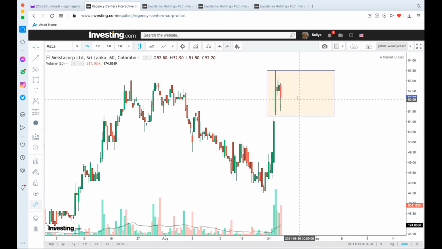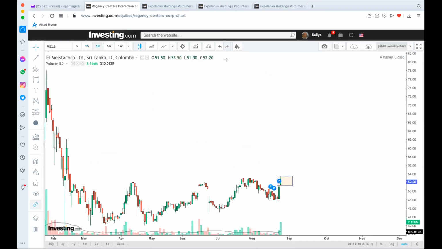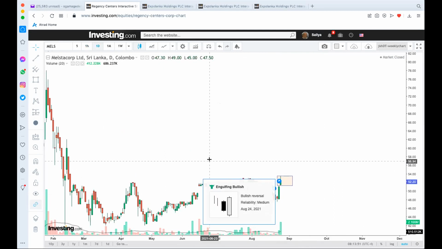But if you're a trader, you have to decide on a stop loss if it comes down below 51.30, because the idea here is that once 53.50 is broken, it can go and test the previous levels at least. Right now it's 53 rupees. Today it went and tested 53.50. So we tried to go above 53 rupees.